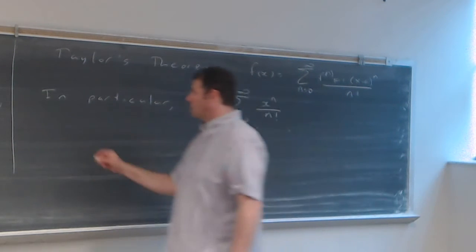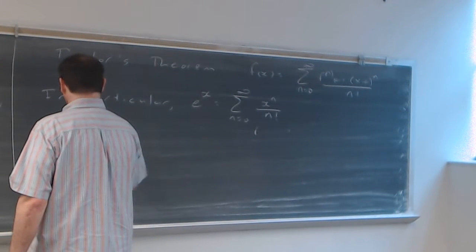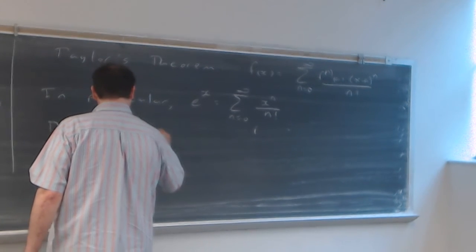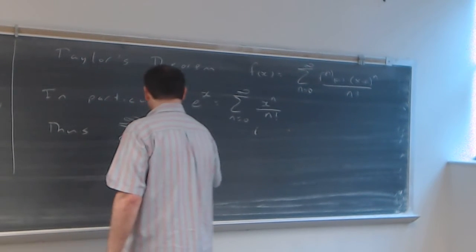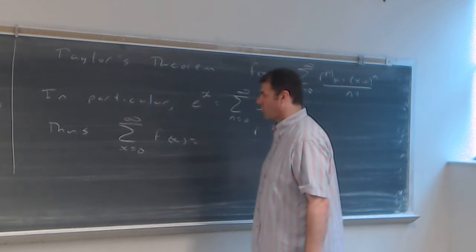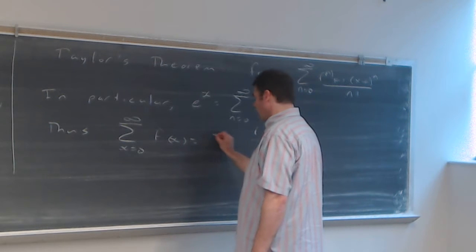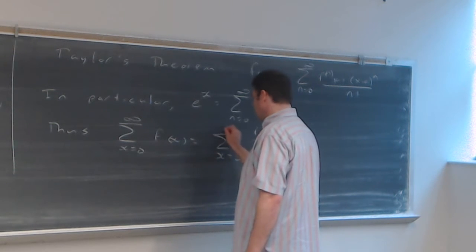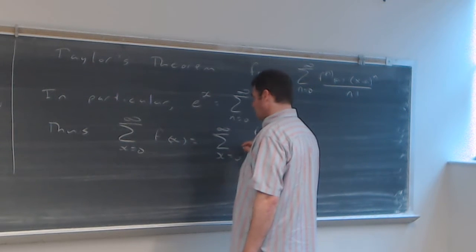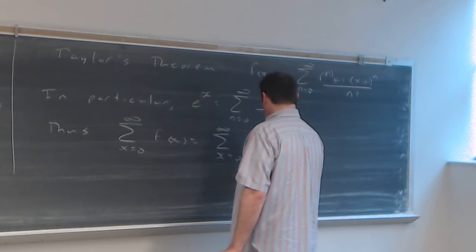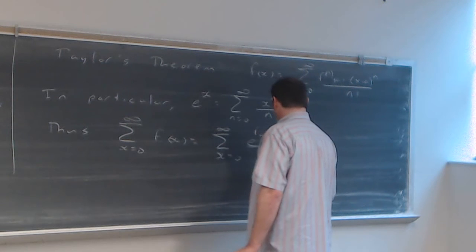And thus, if we look at the sum as x runs from 0 to infinity of f of x, the PMF for a Poisson random variable, then that's equal to the sum as x runs from 0 to infinity of e to the minus lambda, lambda to the x all over x factorial.